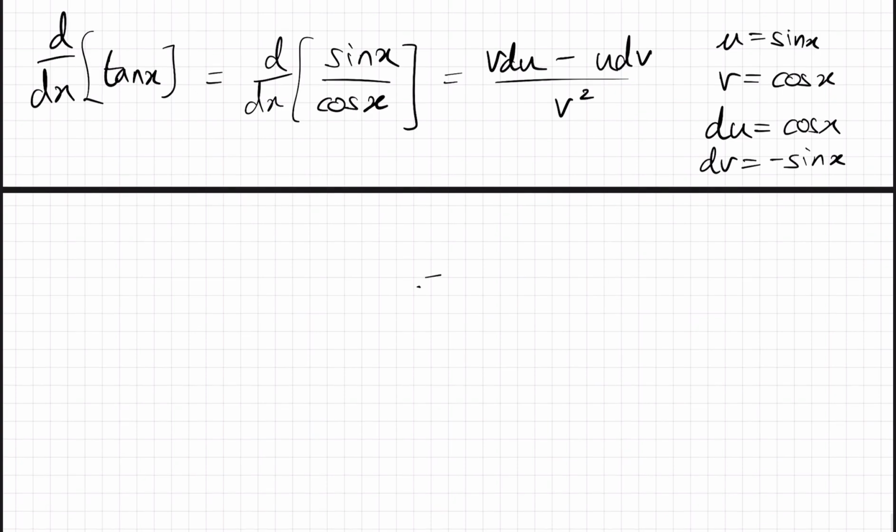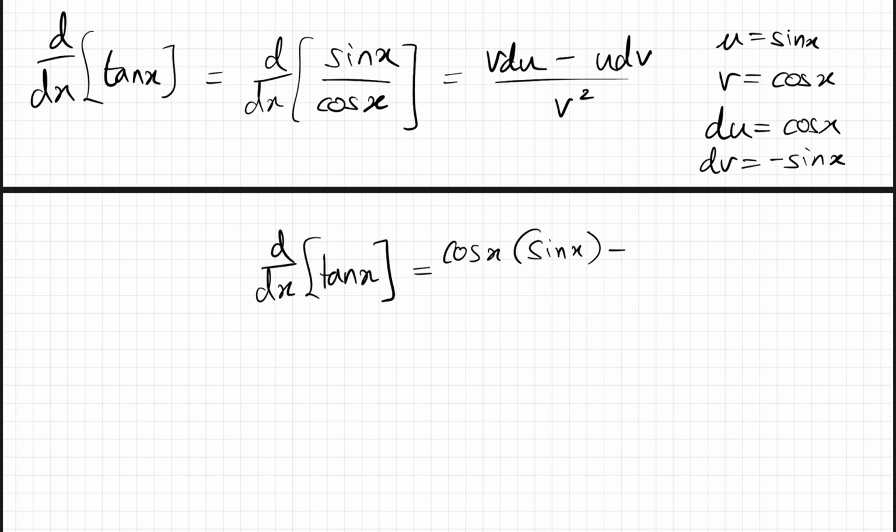So putting all of this into the expression we have here, the derivative of tan x is equal to v du, so that's going to be cos x multiplied by sin x, minus u dv. So this is going to be sin x multiplied by minus sin x.